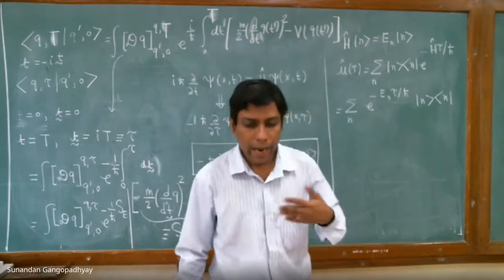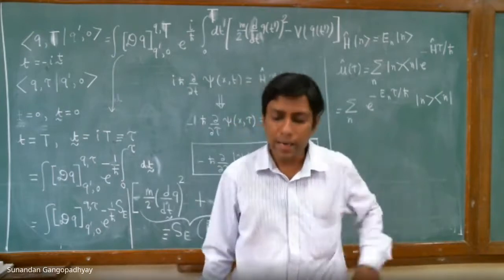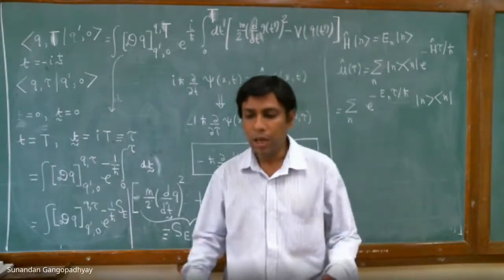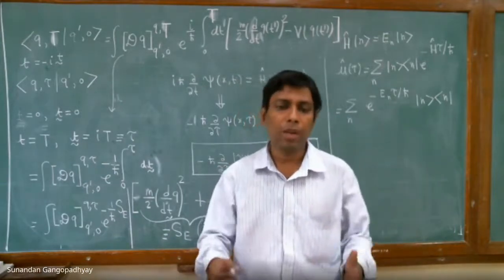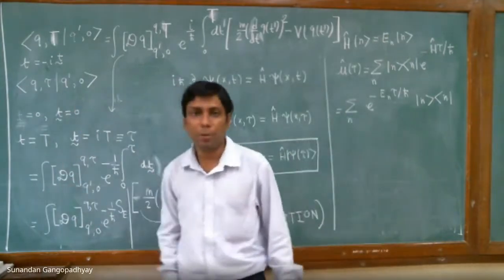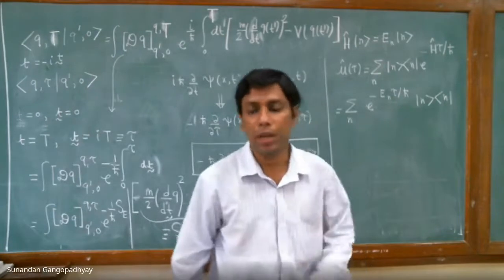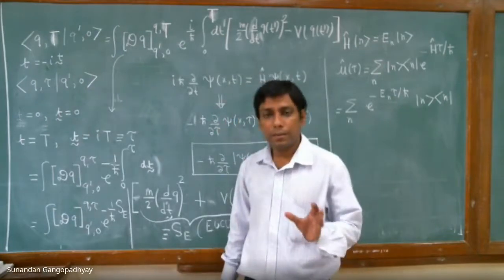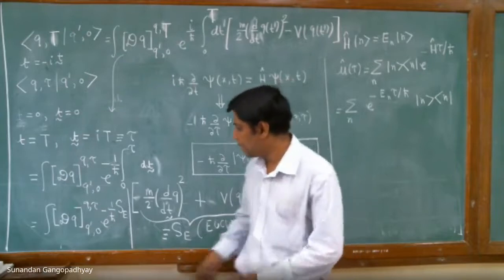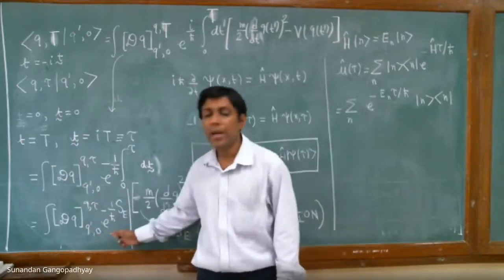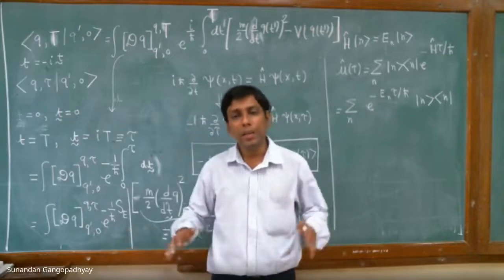See, when we had the path integral earlier, the Feynman formula that we derived initially, the path integral representation for the propagator, that formula is a bit problematic in the sense that you have a weight factor coming due to different paths.